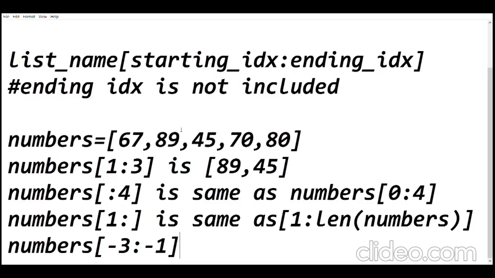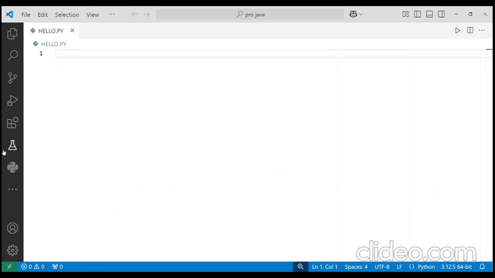So 67, 89, 45, 70. Numbers, if I want to skip the ending index, then suppose I create a list called num, which stores several numbers: 34, 56, 78, 56.78, floating numbers.